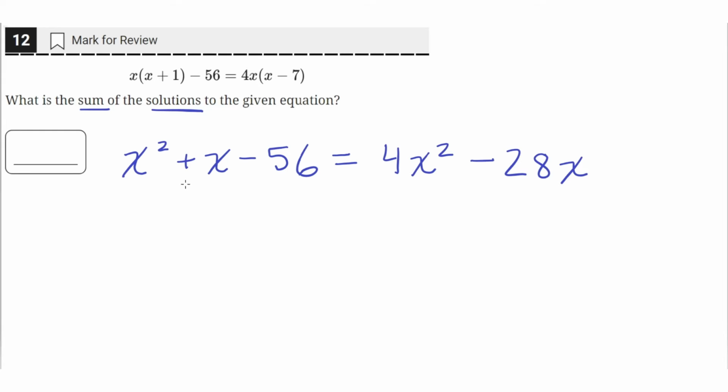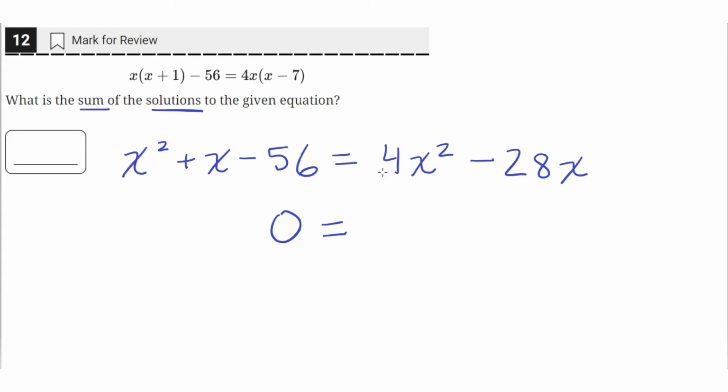So to move everything from the left side to the right side, we can subtract negative x squared, subtract x, and add 56 to both sides, which will cancel out these terms here and move them to the right. So on the left side, we'll be left with 0.